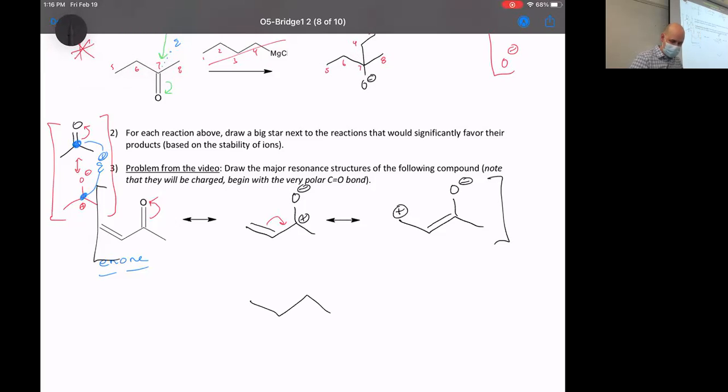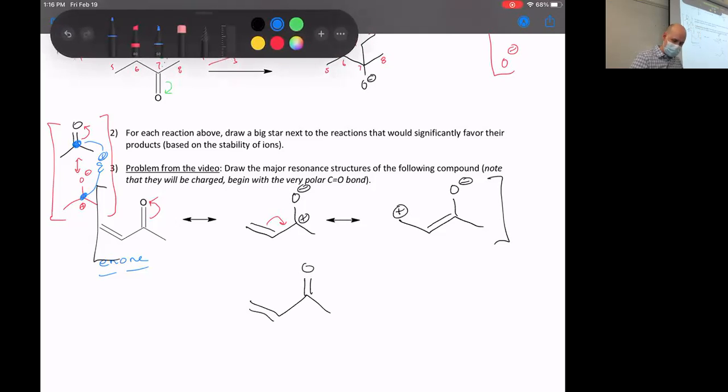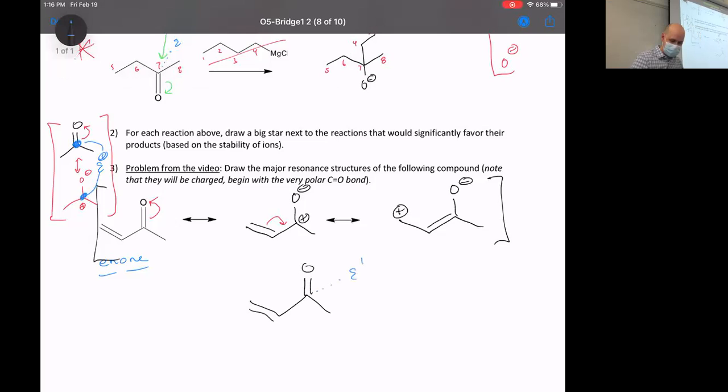I'm going to redraw my enone. So I have an electrophile at this spot right here. All right, and that was indicated by this resonance structure showing us that I have a possibility of a positive charge at that specific carbon. So based on these resonance structures though, where else do you have a partial positive? Timothy, where else do I have a partial positive or a positive charge in these three structures?